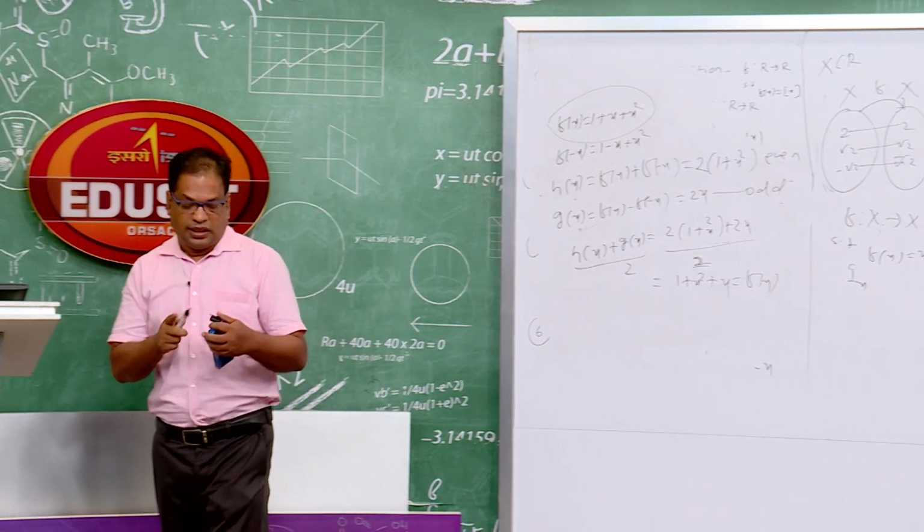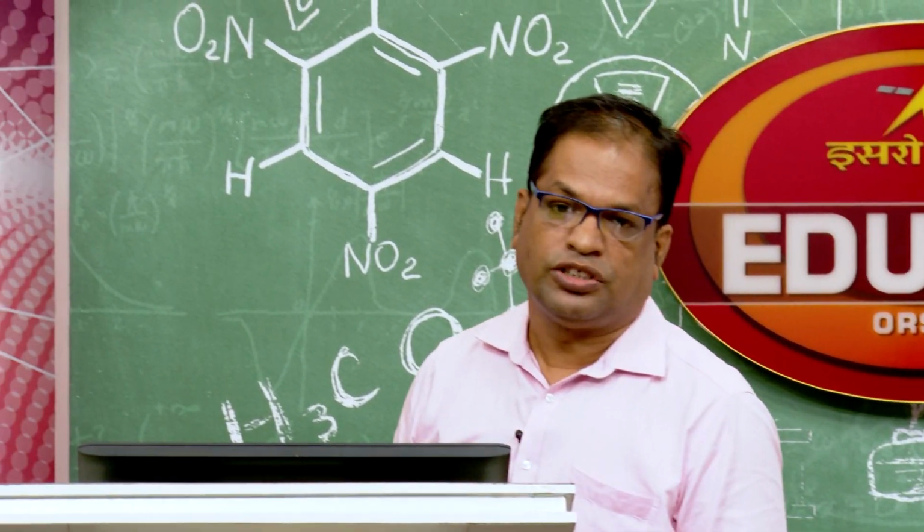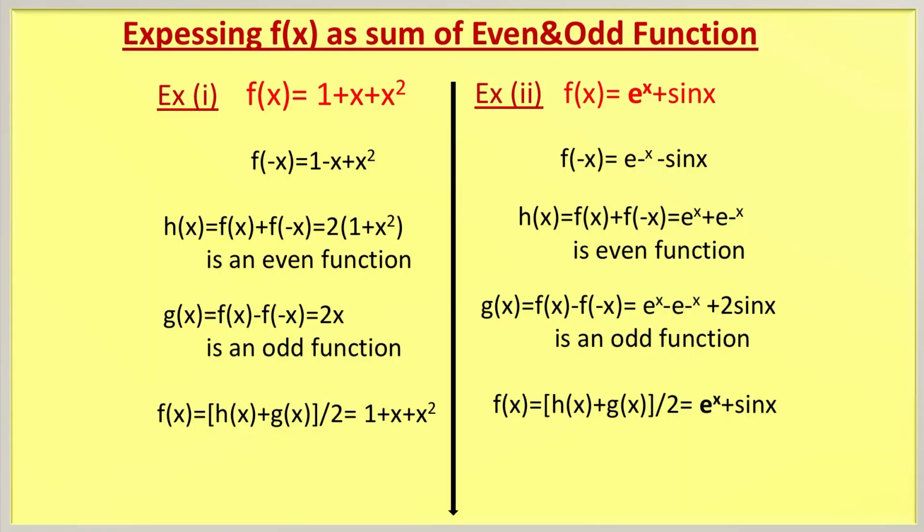So what is the next example? It was f(x) is equal to e to the power x plus sin x, and you see the screen, f of minus x is equal to e to the power minus x minus sin x, and from that you can calculate h(x) equal to f(x) plus f of minus x, that is e to the power x plus e to the power minus x, which is an even function.